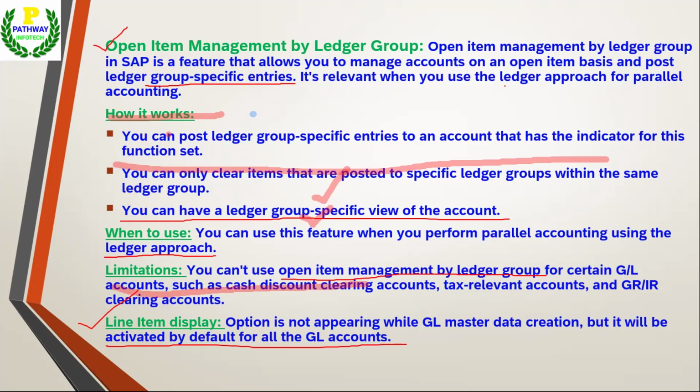So in SAP, basically there are two approaches: the ledger approach and the accounts approach. When we use the ledger approach concept, only then can this be used. For the accounts approach, this will not be applicable. Now, how does it work? You can post ledger group specific entries to an account that has the indicator for this function.